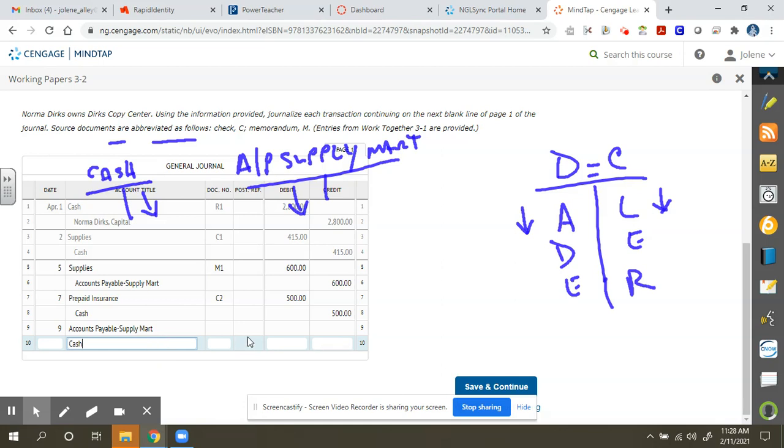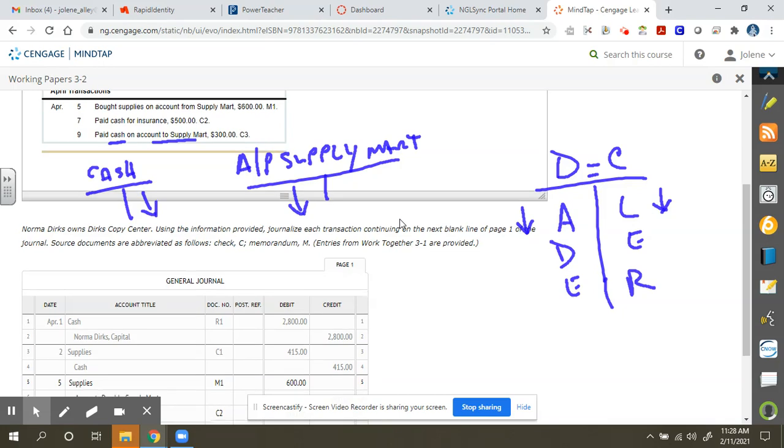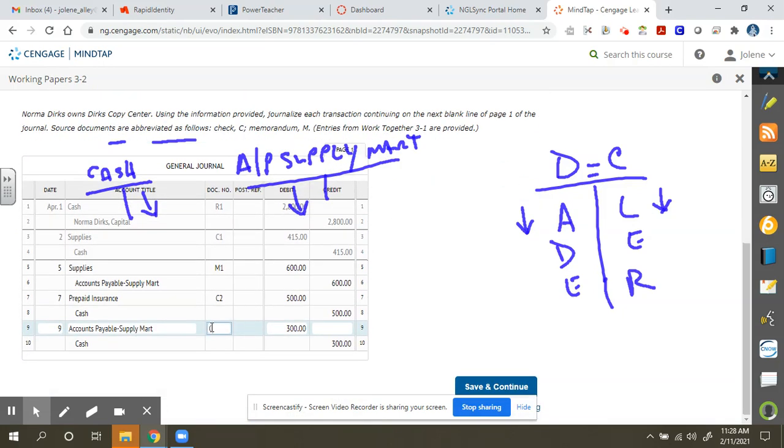We paid cash. We gave them $300. Or Norma gave them $300. This should be check number 3. Sure enough, check number 3. Okay. Debits equal credits still. And you'll notice that debits equal credits all the way down. It's like steps that go all the way down. That's the way it should look.